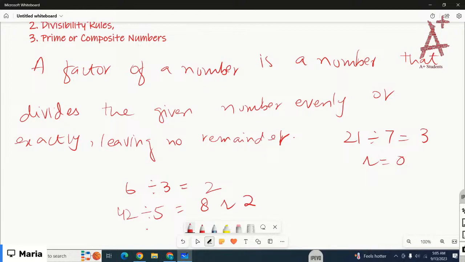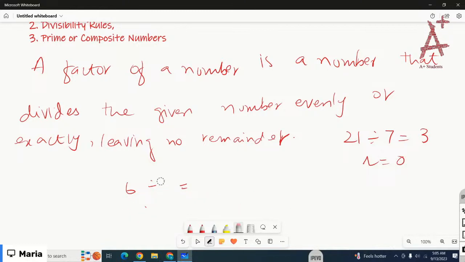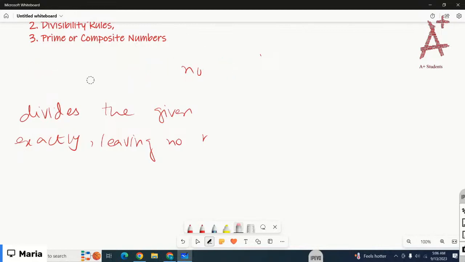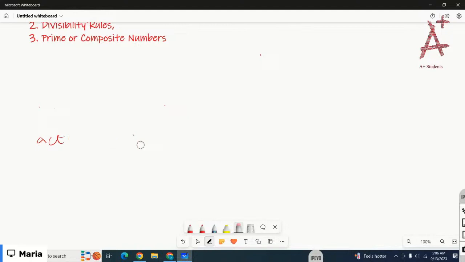Okay, the next one is another example. I'm going to write on the board. You have to then tell me if the number is a factor of the given one, okay? Okay, you have 84.